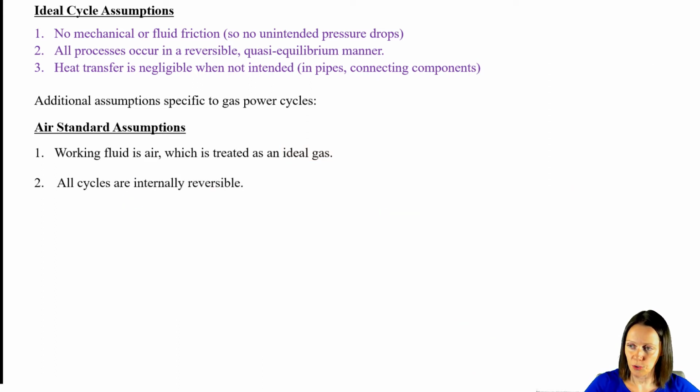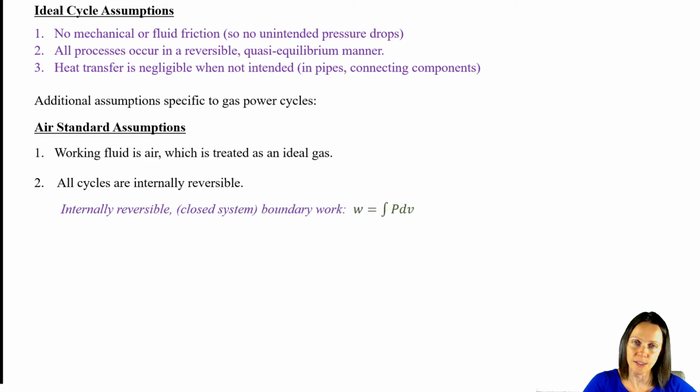All right, so the working fluid is air, treated as an ideal gas, that's number 1. Number 2 is that all those cycles are internally reversible. That mirrors number 2 in the ideal cycle assumptions, but what it means for us is that when we evaluate boundary work in a closed system, we can use the equation that work is equal to the integral of PdV.